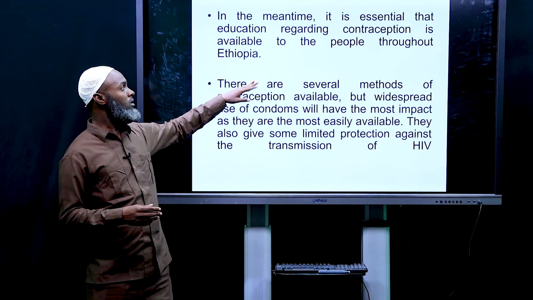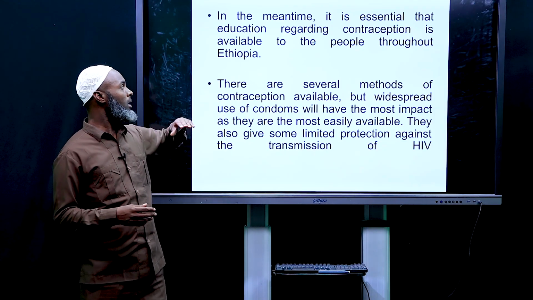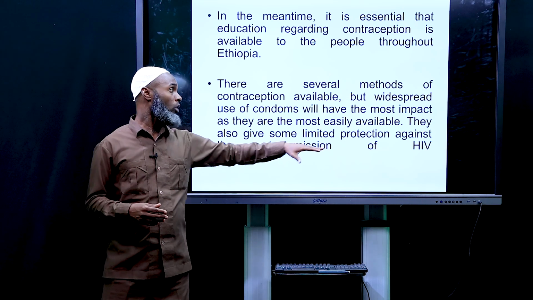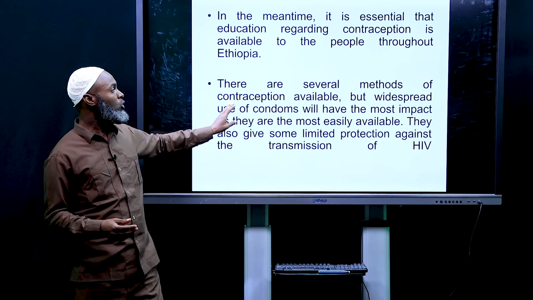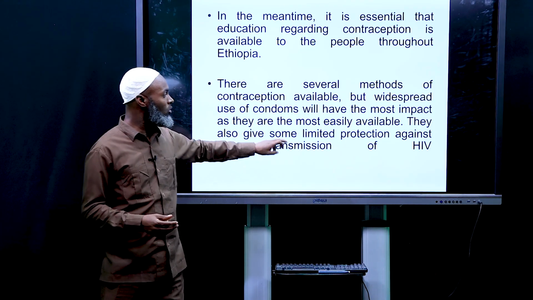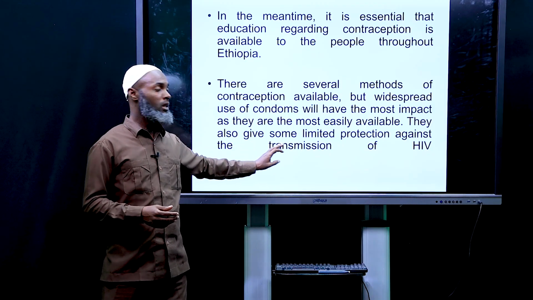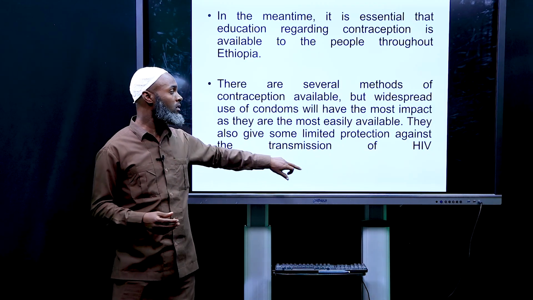In the meantime, it is essential that education regarding contraceptive methods is available to people throughout Ethiopia. You have to educate our community. Several methods of contraception should be widespread, and they also give limited protection against transmission of HIV/AIDS.